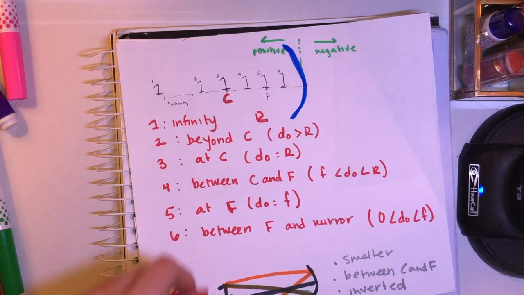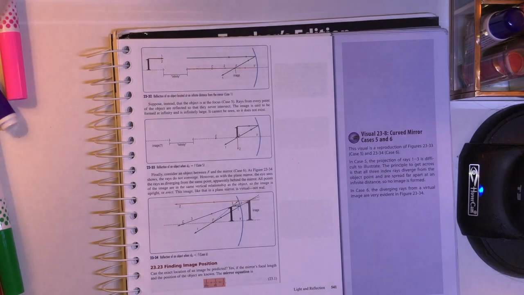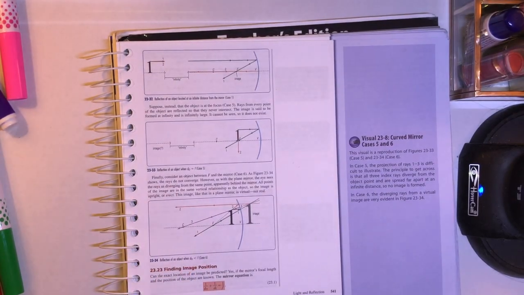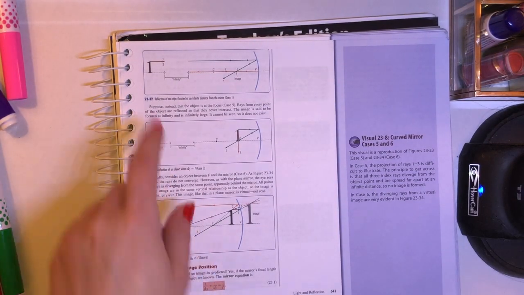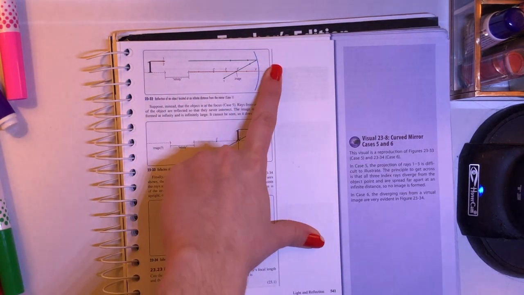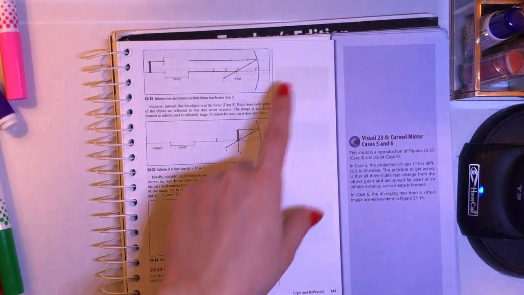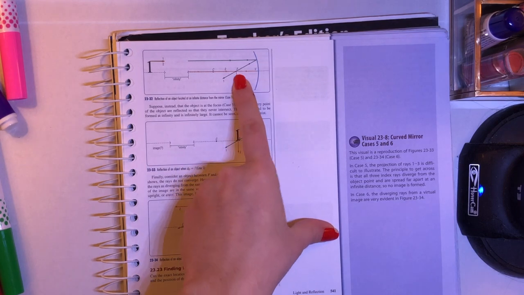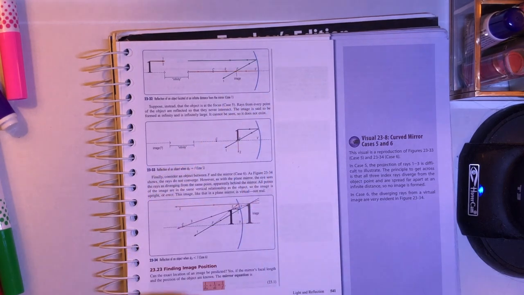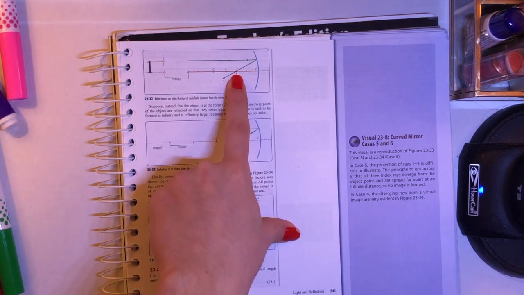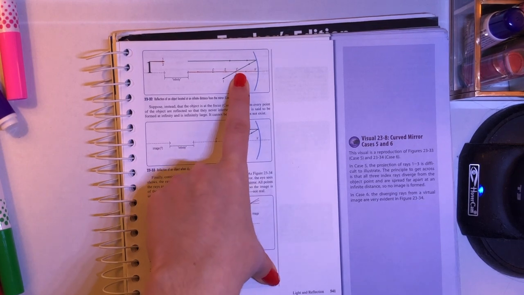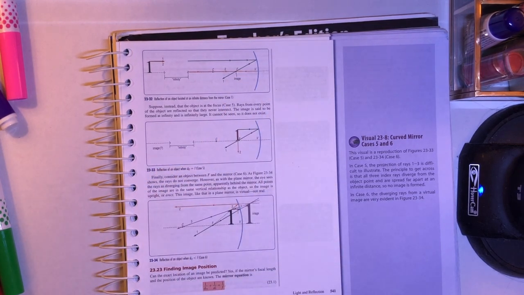So in the first case, where the object is at infinity, the object is basically so far away that all of its rays are parallel when they meet the mirror. So they're all reflected through the focus, and the image is basically just so small at that point where all the rays meet at the focus that you can't see the image.